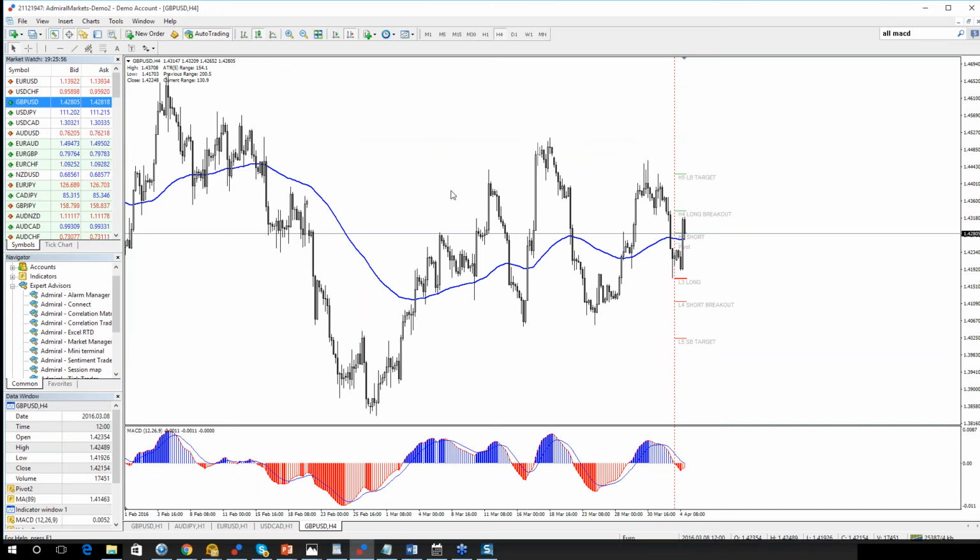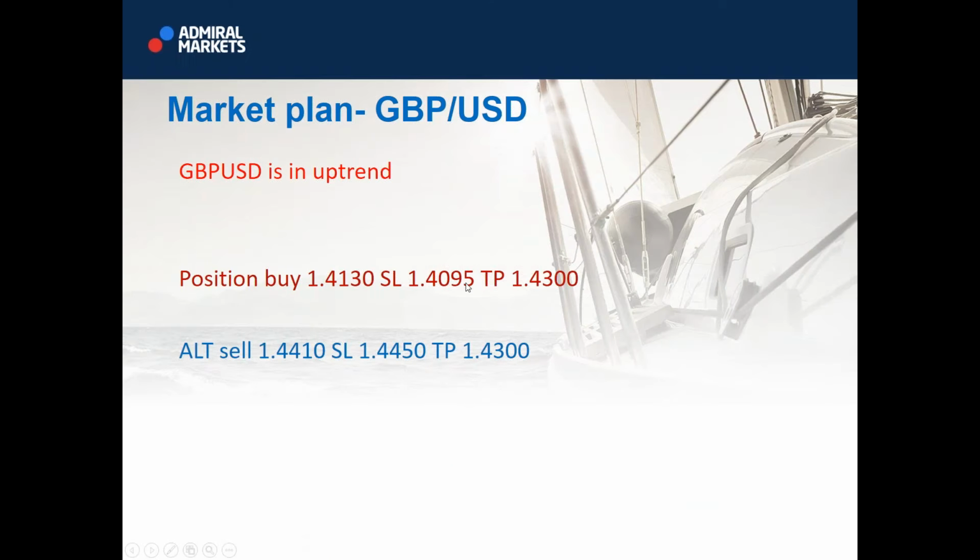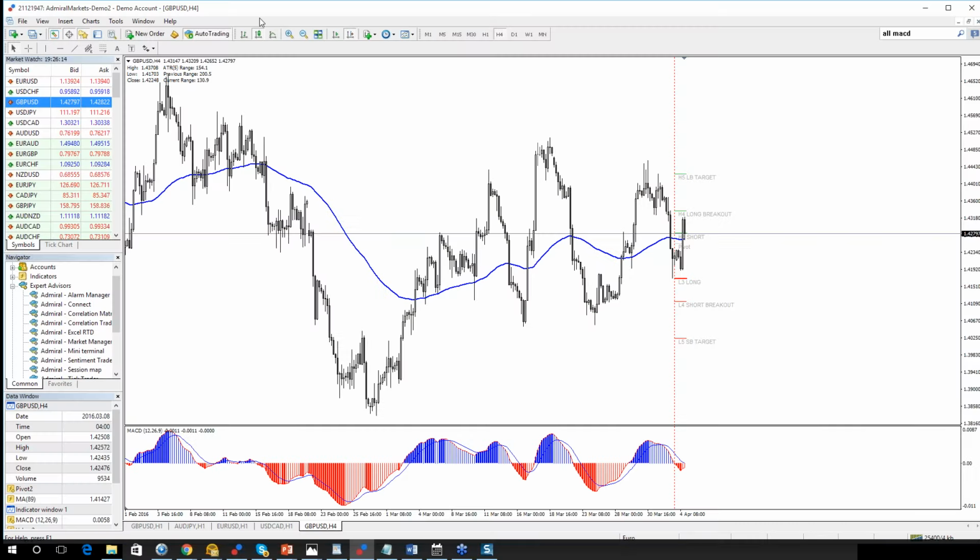I still wait for a deeper pullback on pound dollar. I'm waiting for a bigger pullback. See here, only 35 pip stop, 41.30. Strong historical buyers here.